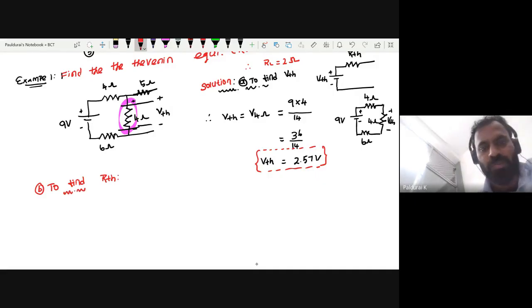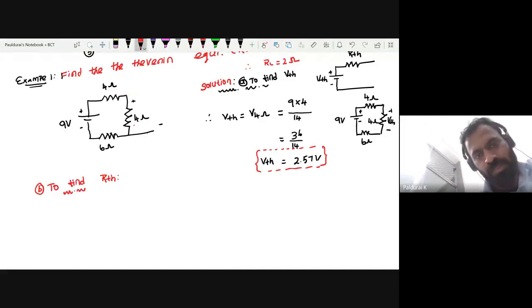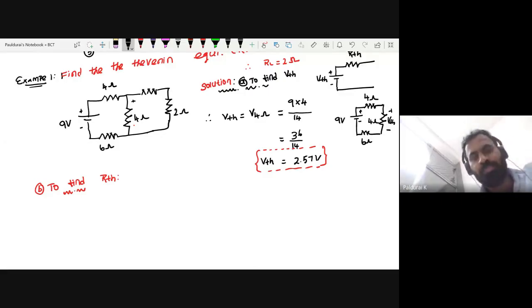Okay. So now actually this is my original circuit, right? To find RTH, what is the procedure? You want to replace this voltage source by a short circuit.